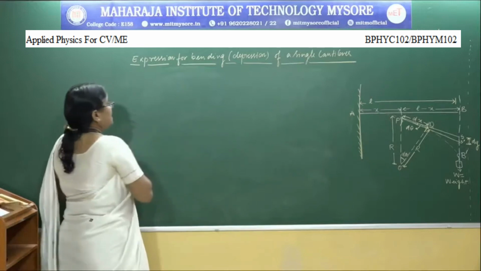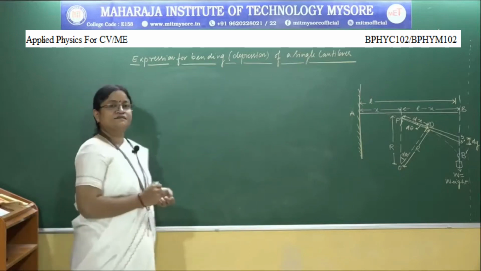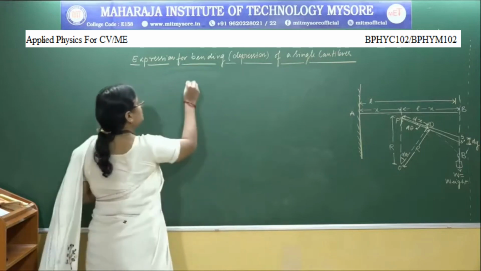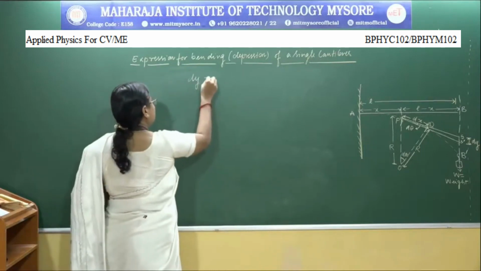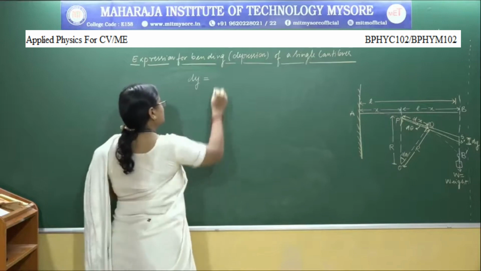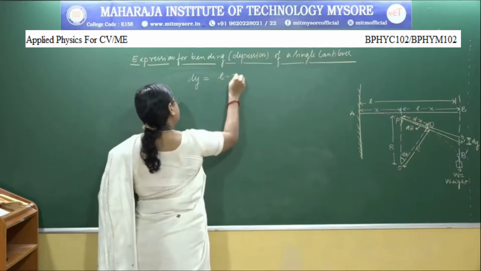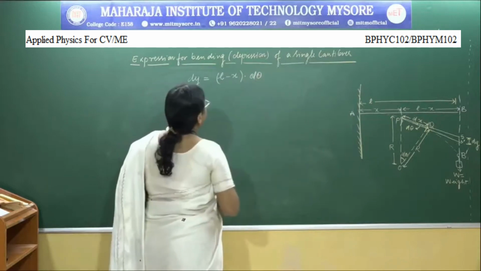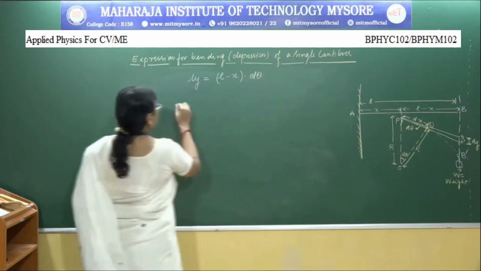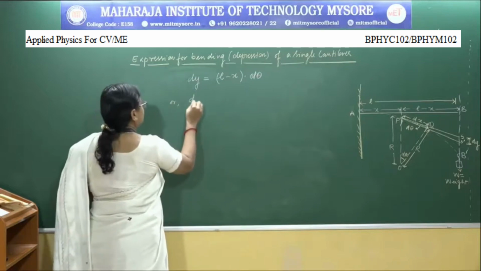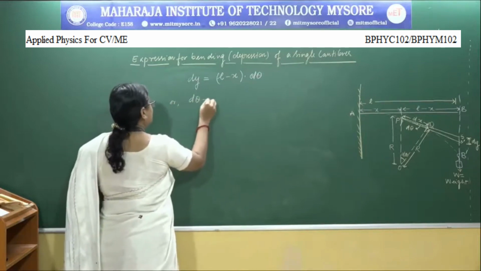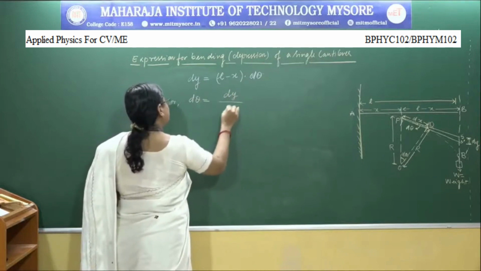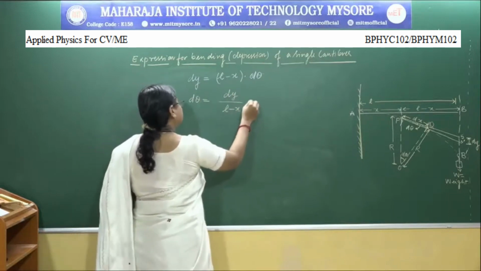So the arc length dy will be equal to L minus x into d theta, or d theta will be equal to dy divided by L minus x.